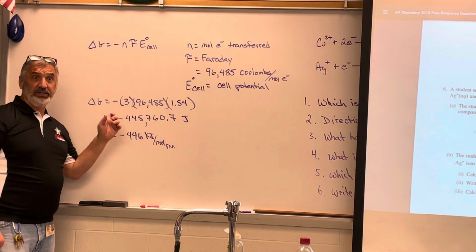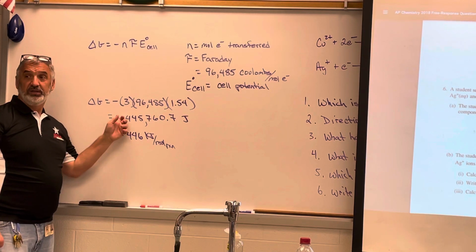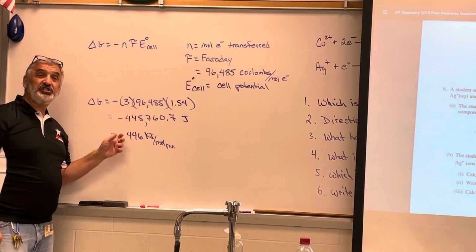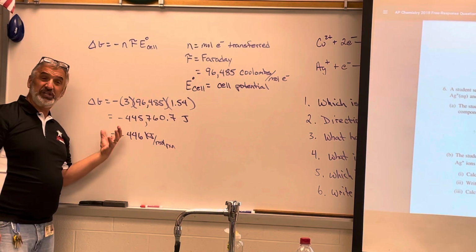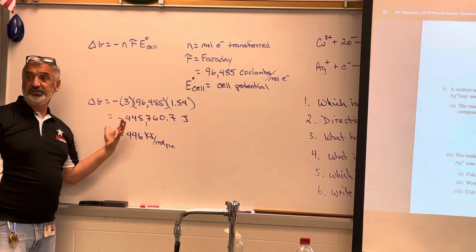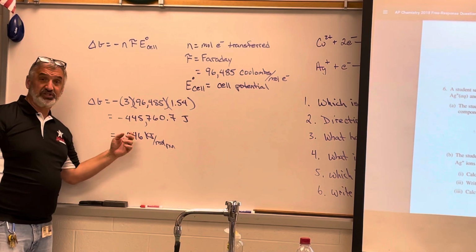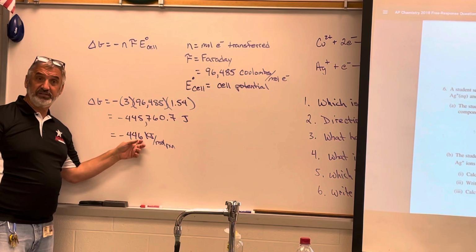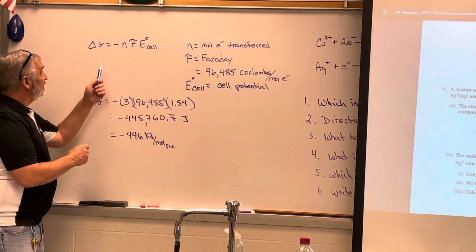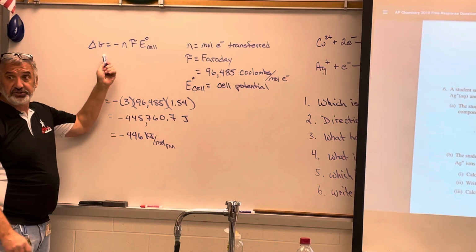It's an easy point. Okay? You've got to specify the unit. When you're doing most of this, if it's a big number like this, it's joules. If it's more like this, it's going to be kilojoules. But this equation always gives delta G in joules.